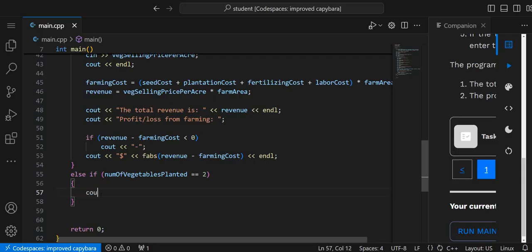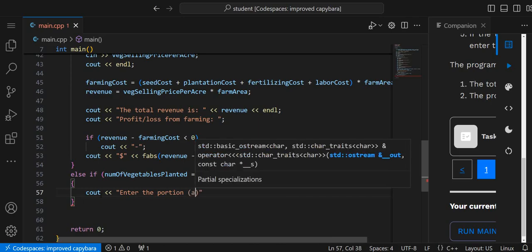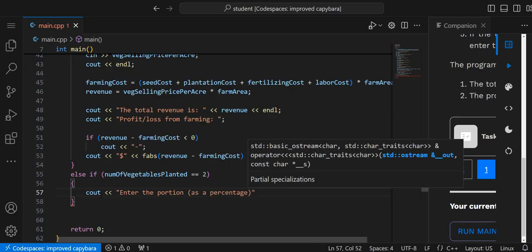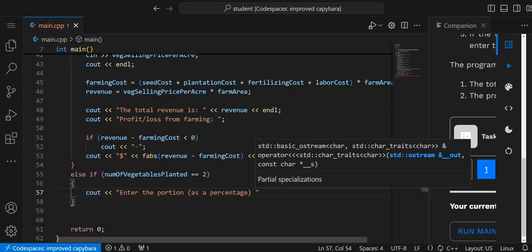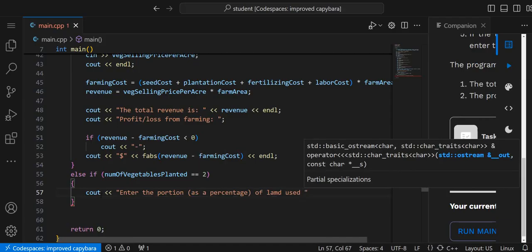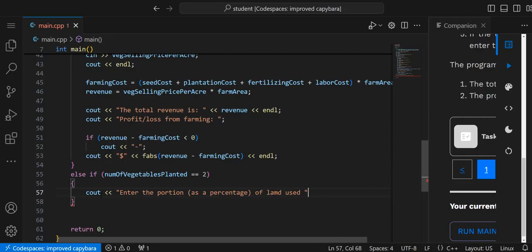So we'll go cout and enter the portion, and let's go as a percentage, of land used for the first vegetable. Leave that space there.